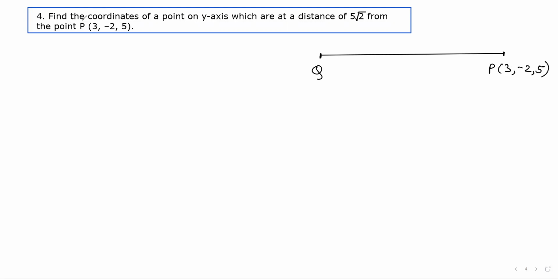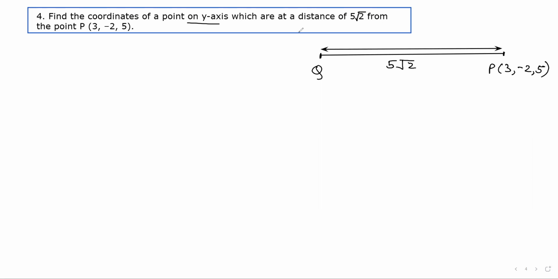Now it's given that we need to find the coordinates of a point Q on the y-axis which is at a distance of 5 root 2 from the point P. So this distance is 5 root 2. Now what will we do with this information?